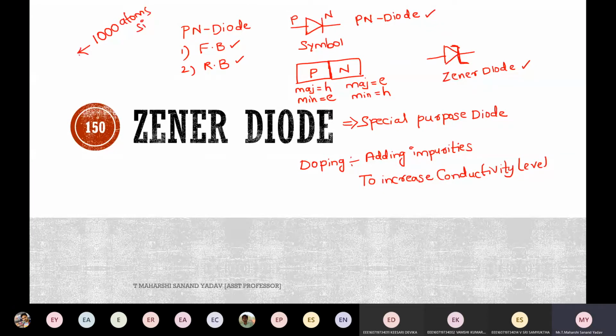For every 1,000 atoms, if we add one impurity, this is the first case. And suppose there are 10 atoms of silicon, and for every 10 atoms, I add one impurity, this is the second case. By observing these two cases, can anyone tell me what is highly doped and what is moderately doped and what is heavily doped? Just try to guess at least.